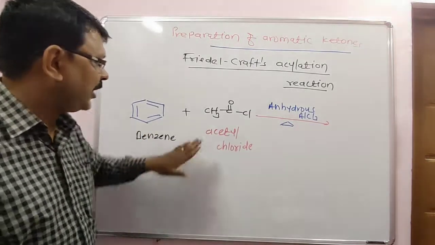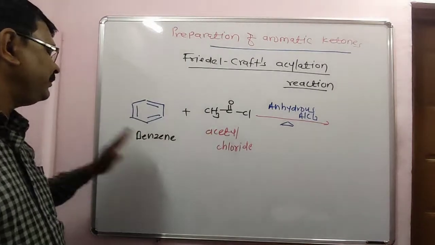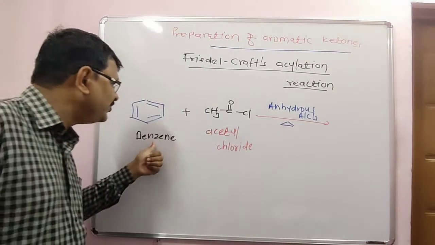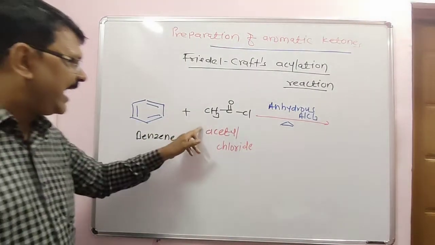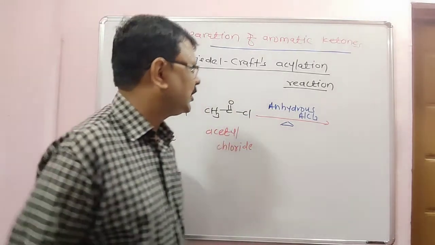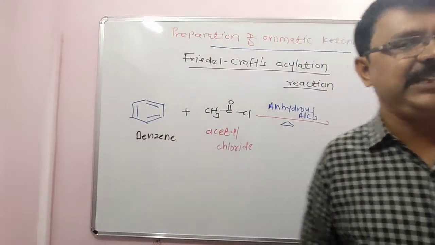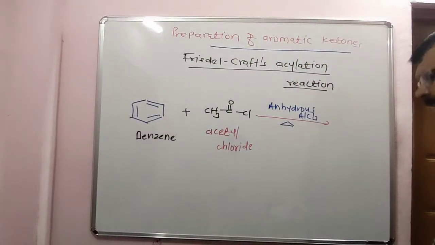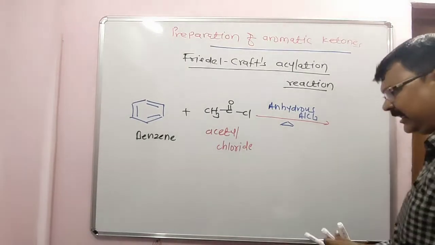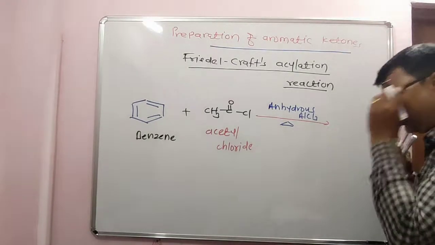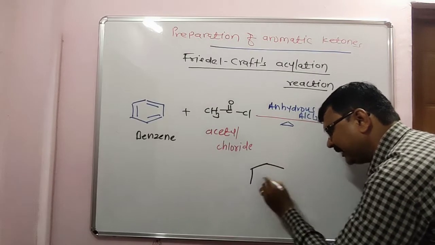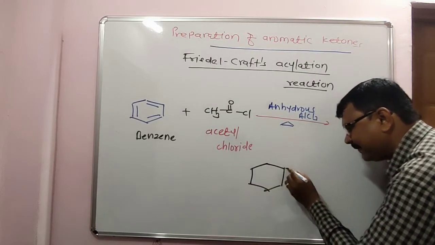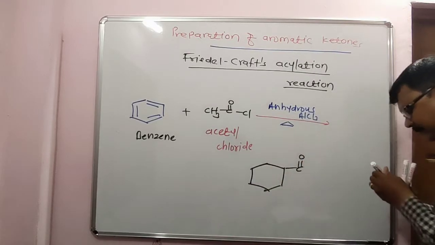Answer: benzene is reacted with acetyl chloride in presence of anhydrous AlCl3. It gives C6H5-CO-CH3.